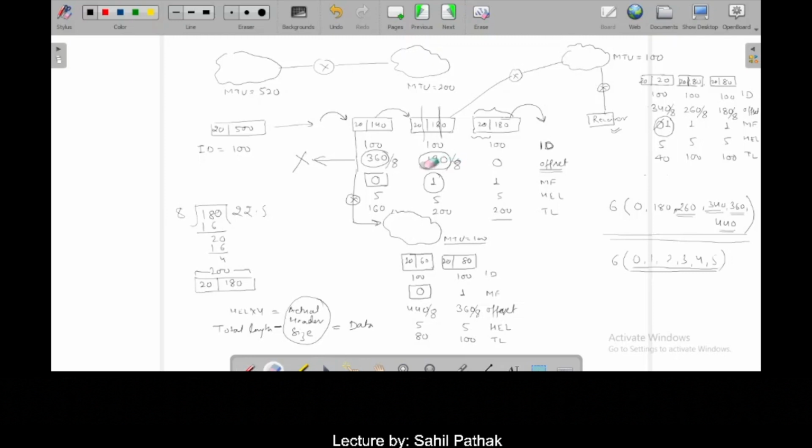22.5. So again we found a problem here: we found a decimal value of offset, and this decimal value we cannot put into a fixed-size field. So just remember what we did in the header length part. When the header length was 30 bytes, the header length value came out to be 7.5.